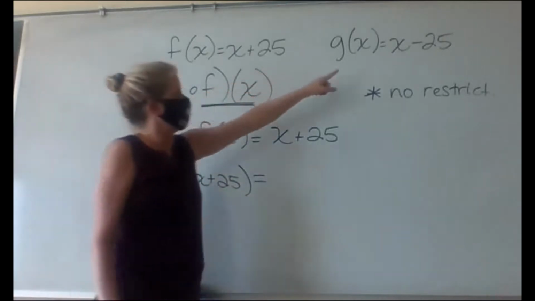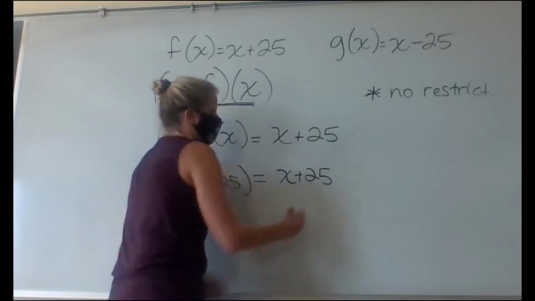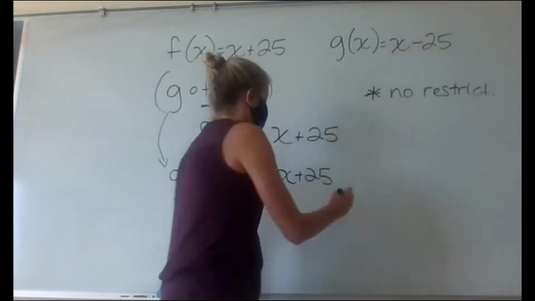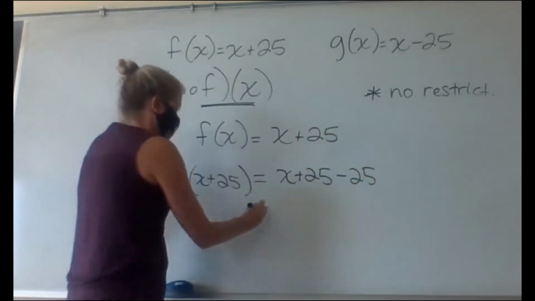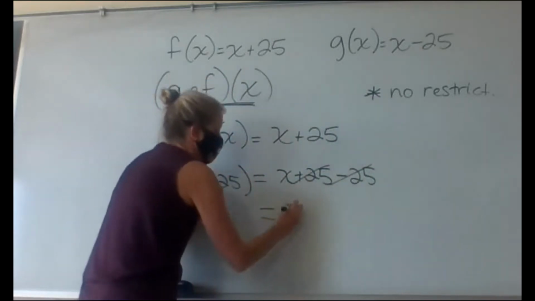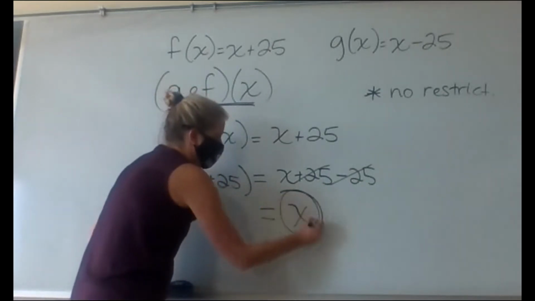So there's my x, so I'm going to replace it with x plus 25. What comes after x? Minus 25. So once again, what happens to the plus 25 minus 25? They cancel, and you're just left with x. So there's the answer to the composition.